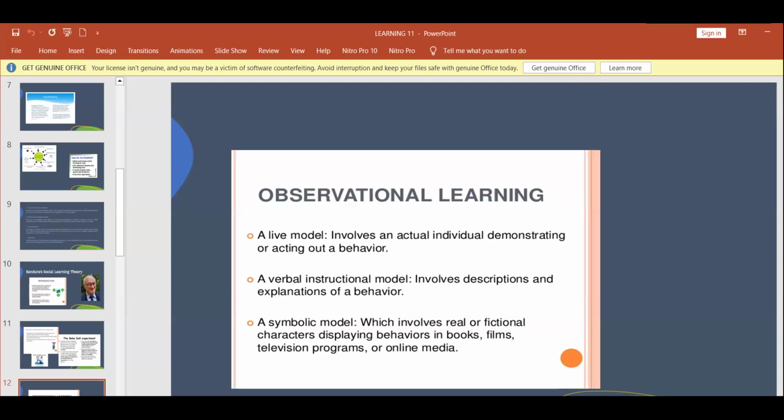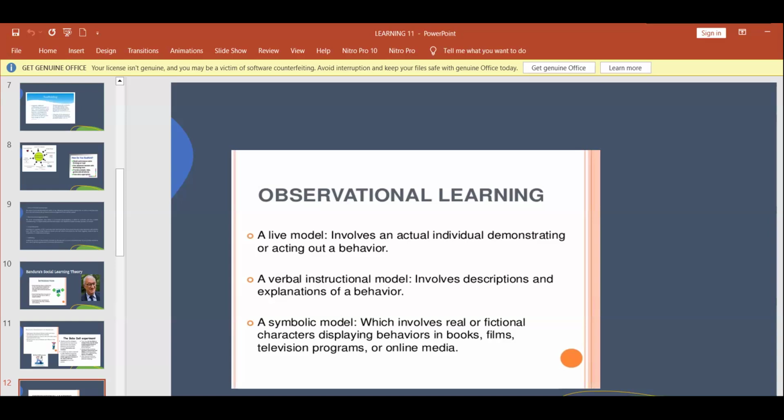Bandura identifies in his theory three main types of models available in the society. The three main types of models are live model, verbal instructional model, and the symbolic model. Live model, verbal instructional model, and symbolic model.